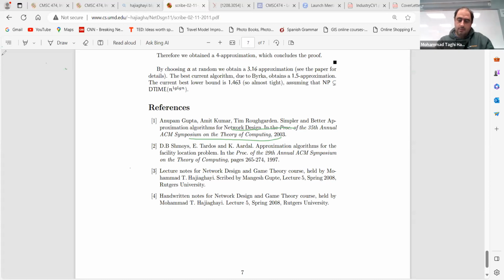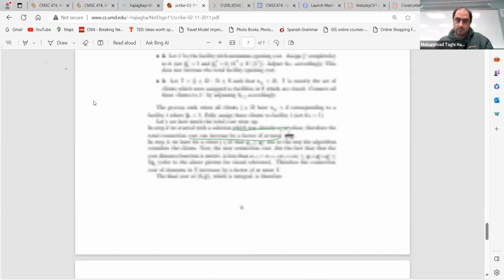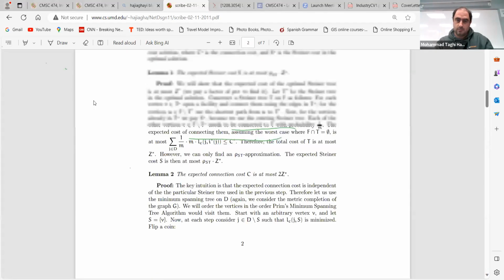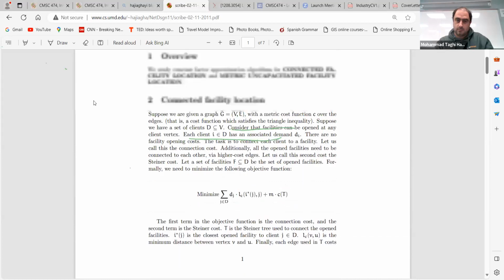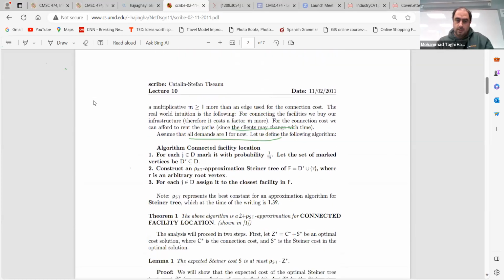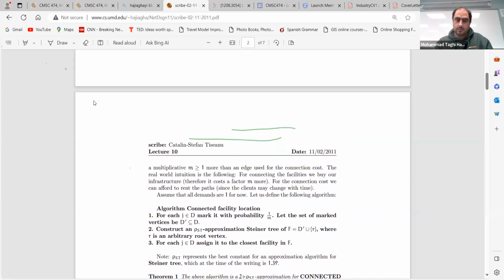So anyhow, this simple algorithm that I have just explained for connected facility location: just mark some vertices, connect them using a Steiner tree, and then connect the others to the closest one.